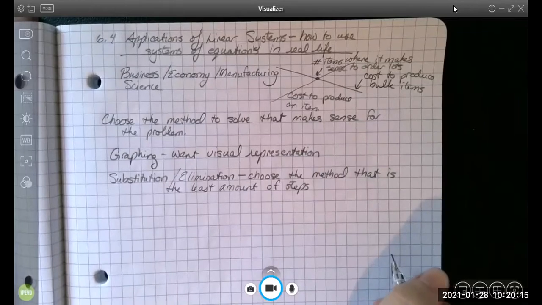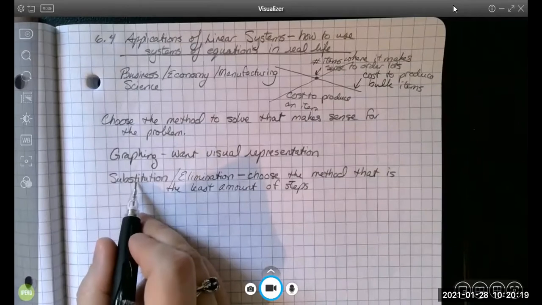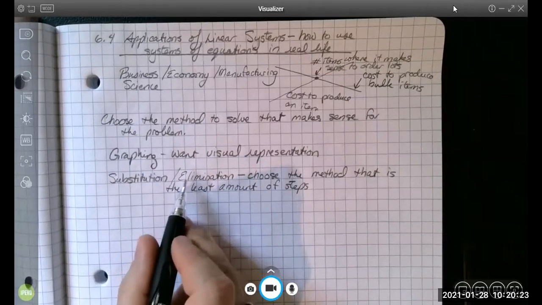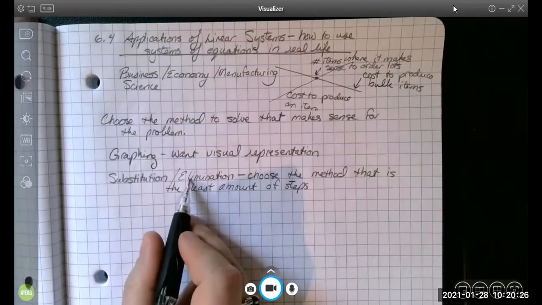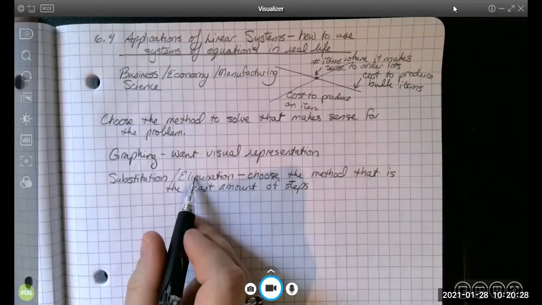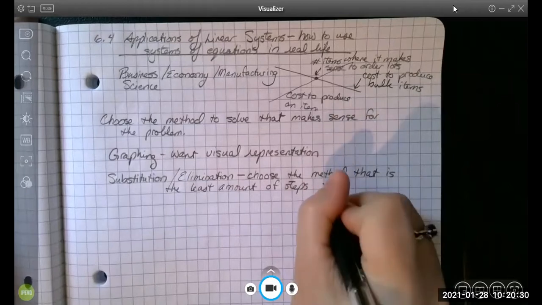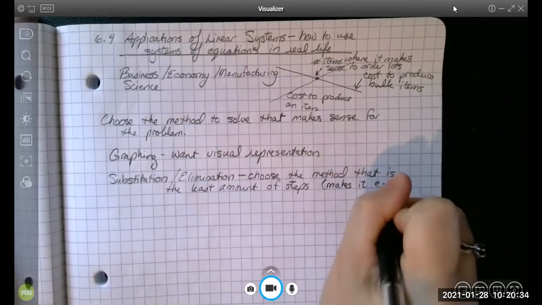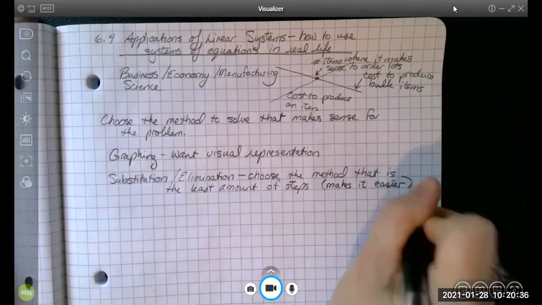That's it. Just pick whichever one makes the problem easier. If you're going to do substitution, okay, it's easier than doing multiple steps to make it work for elimination. If the problem starts out easy to cancel, okay, use elimination. So I'm going to add one more thing to this. I'm going to say whatever makes it easier. So just keep it simple.